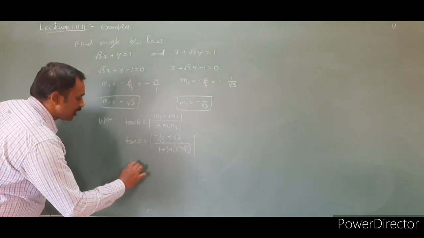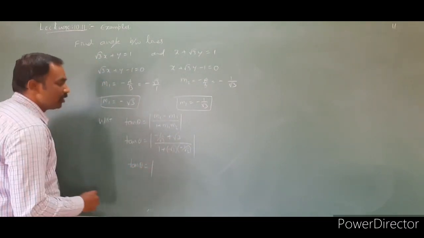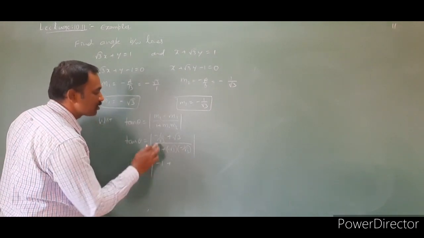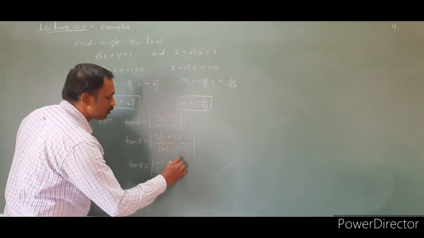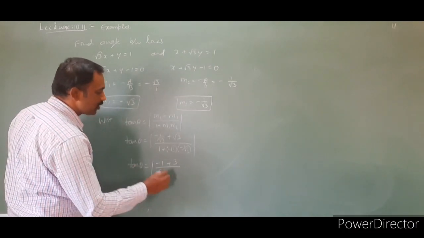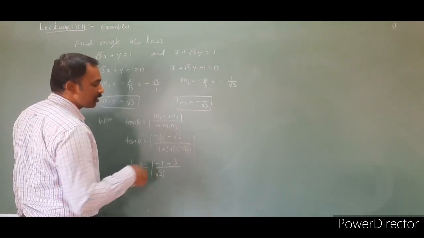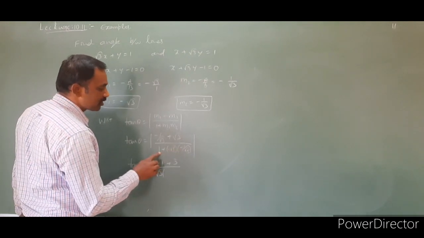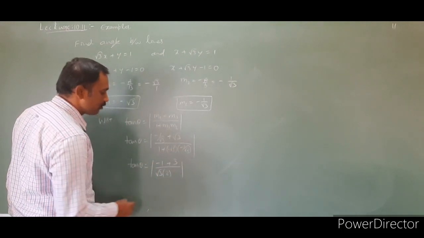Simplify. Tan theta is equal to, what will we get? Minus 1 plus root 3 into root 3, which is 3, LCM root 3, taken into the denominator. Here root 3 gets cancelled. 1 plus 1 is 2. What will we get?